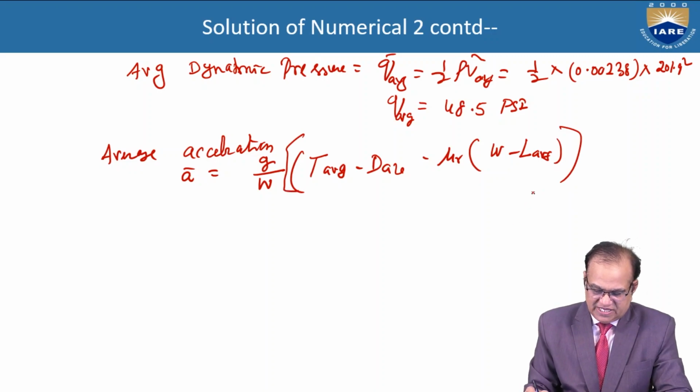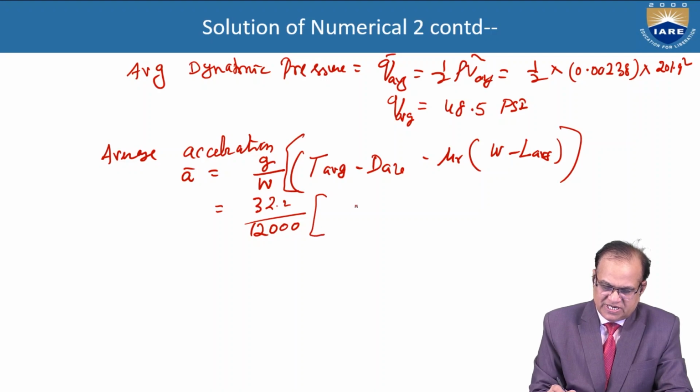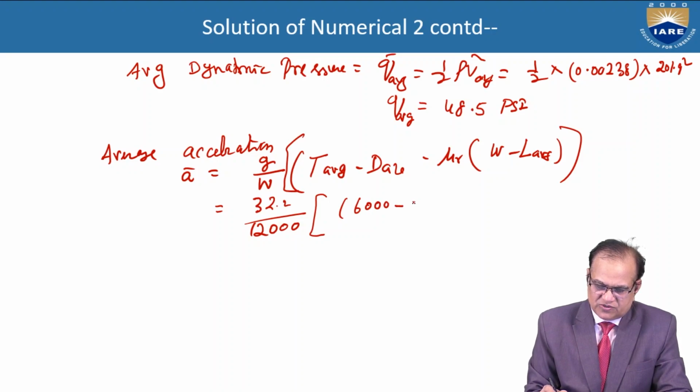This is the equation, and here we have all the values. So G is equal to 32.2, W is equal to 12,000, T average is equal to 6,000 minus D average.